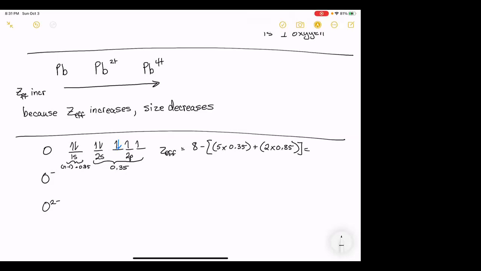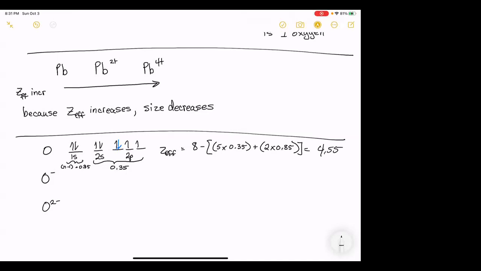So that would be 4.55 if I calculated it correctly using my phone.